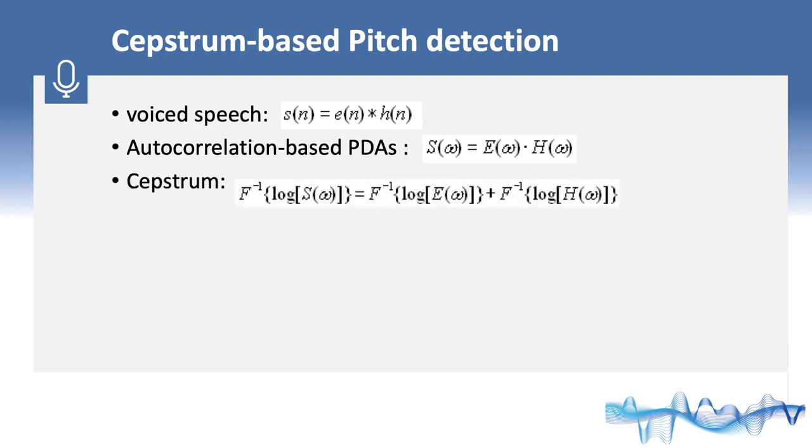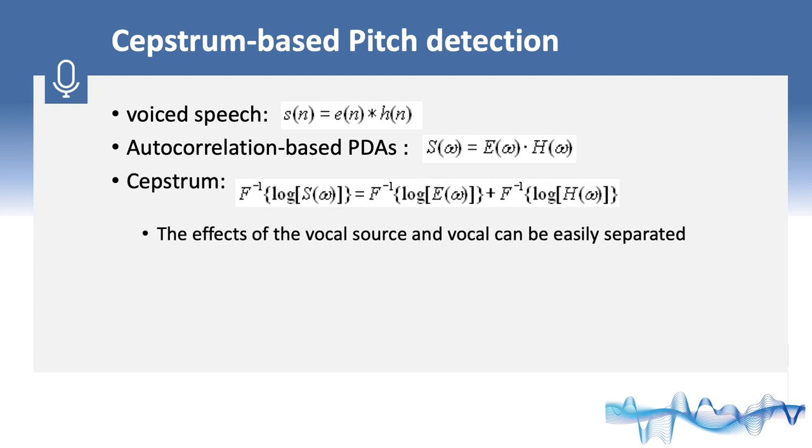In the frequency domain, the convolution relationship between sound source and the vocal tract effects becomes a multiplicative relationship. The multiplicative relationship between source and tract effects in the cepstrum is transformed into an additive relationship. The effects of the vocal source and the vocal tract are nearly independent or easily identifiable and separable.